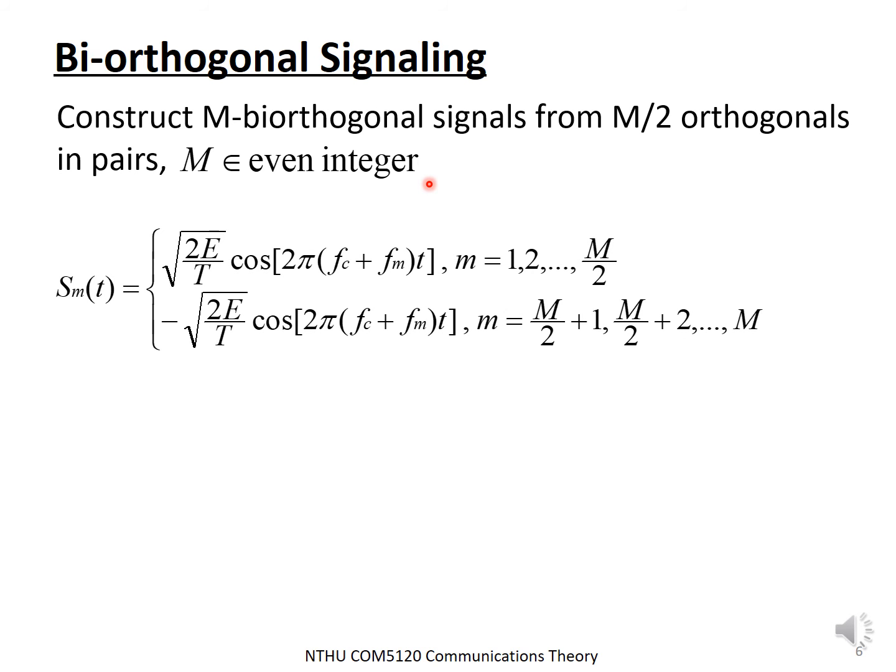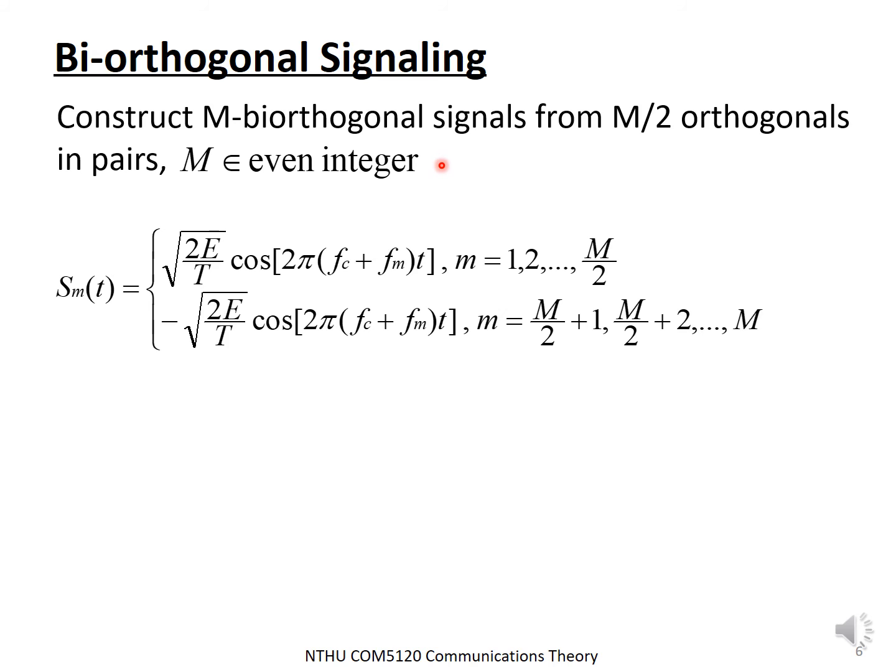The motivation is that M-ary FSK requires M orthogonal bases, so the frequency bandwidth is linear in M. The bandwidth is high, and the complexity is high.